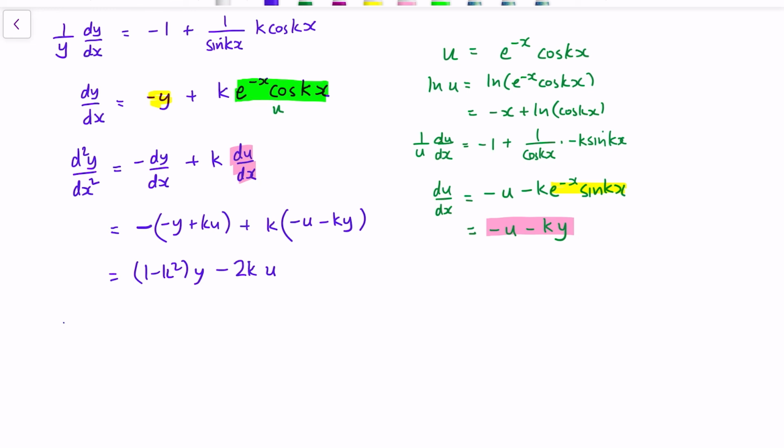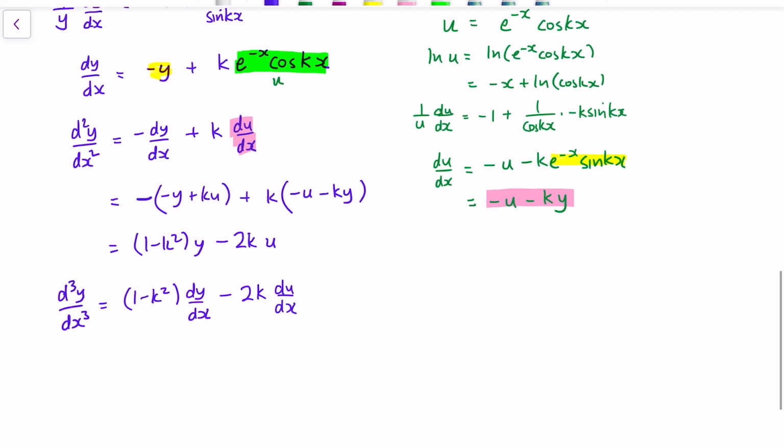And now the third derivative, d cubed y over dx cubed. Well, the constant just stays there. y differentiates to dy/dx. Minus 2k just stays there. u differentiates to du/dx.